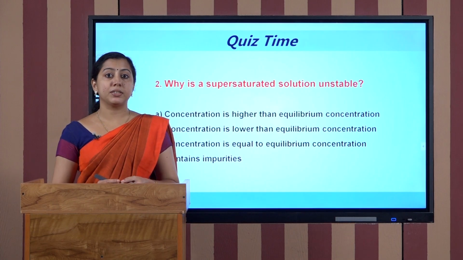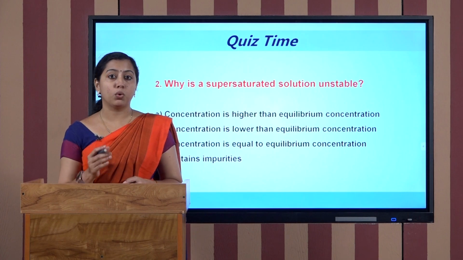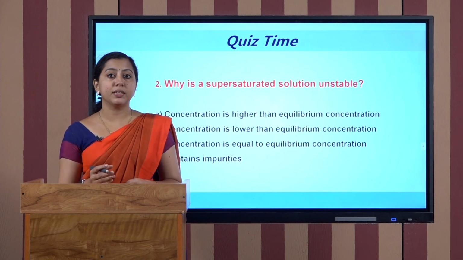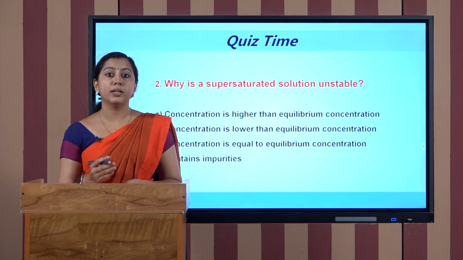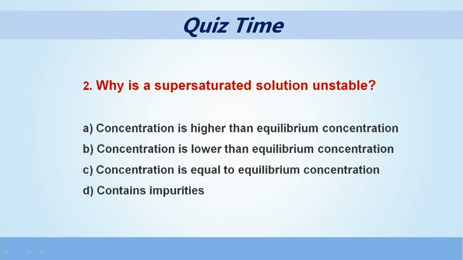And we have seen that while discussing supersaturated solutions. What is a supersaturated solution? A solution which contains more solute. So, the concentration of solute is more in a supersaturated solution, and because of the large concentration of solute, a supersaturated solution becomes unstable.